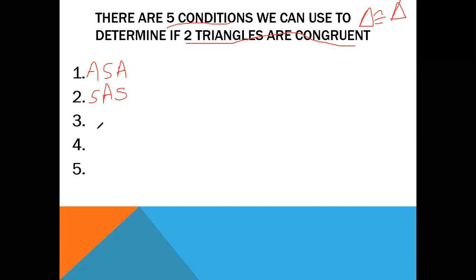Angle, angle, side. Good, Riley. Somebody else. Side, side, side. Good, Jaya. Hypotenuse, leg. And remember, hypotenuse leg only works in what kind of triangles? Right triangles. Good, Larry. Okay.